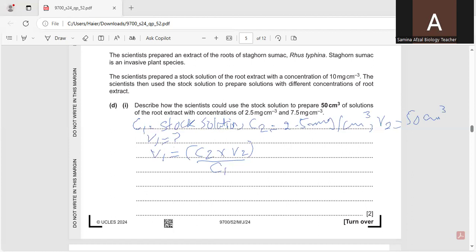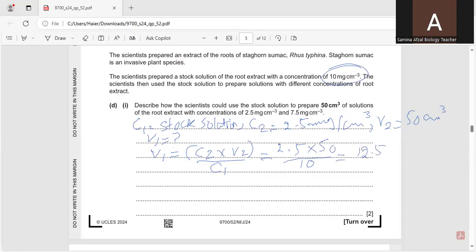So first of all, for the value 2.5, we will use 2.5 multiplied by 50 divided by 10. So the answer will be, if we calculate this, let me calculate: 2.5 multiplied by 50 divided by 10, so 12.5.